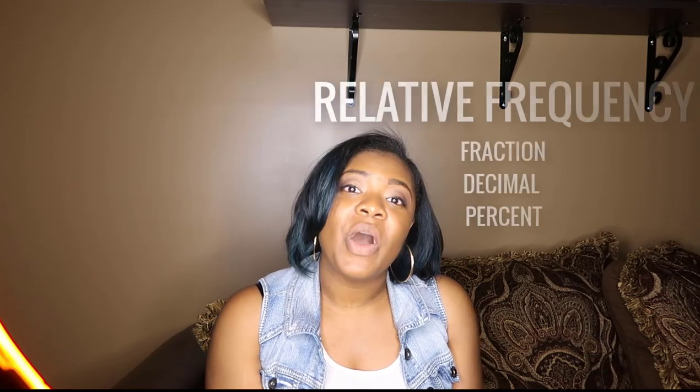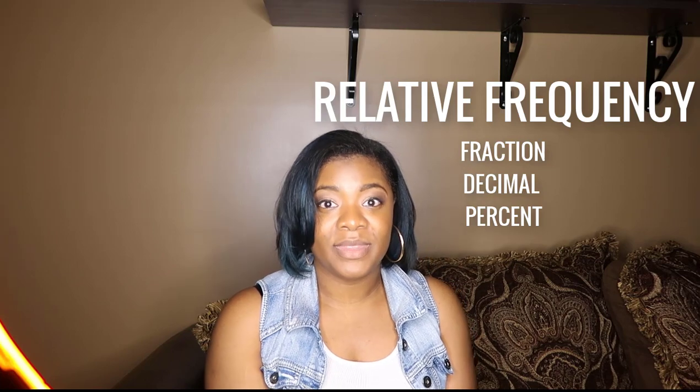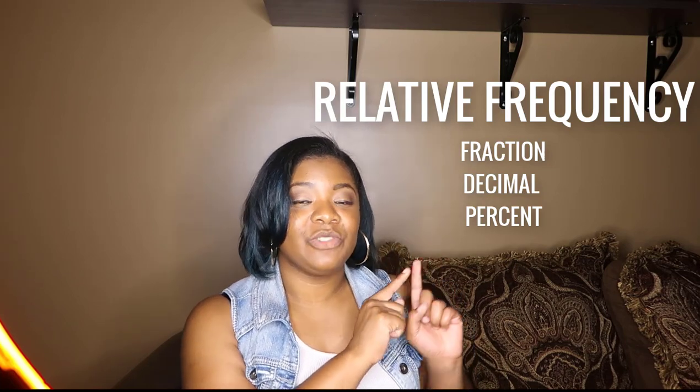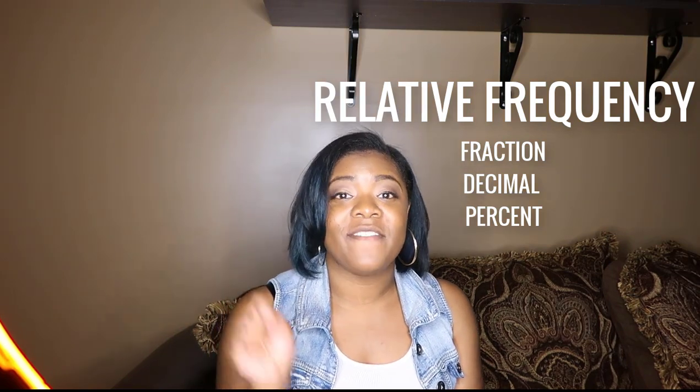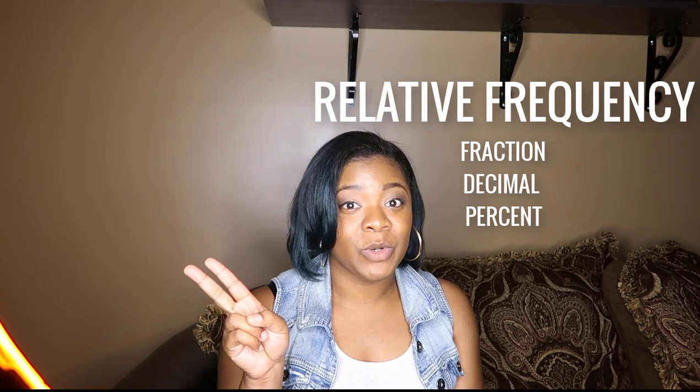We want to know how much that is of the whole, or the percent of people in that category. So that's what we call relative frequency. And I'm going to put a little definition right here. Relative frequency means that we're just going to convert each number to either a fraction, a decimal, or a percent.